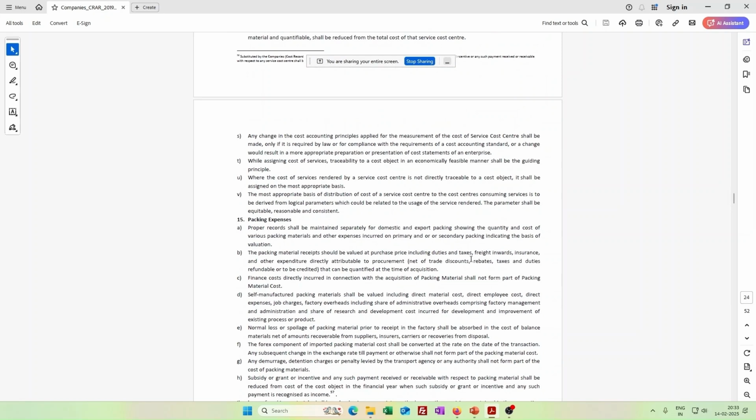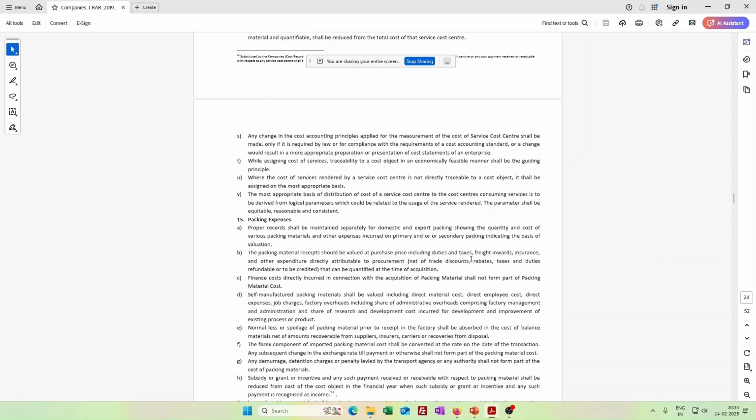Packing expenses. Packing expenses means expenses to pack. There are two types of packing. One type is primary packing. If you consider a cough syrup, the bottle is the primary packing, but the wrapper under which the bottle is kept is the secondary packing.